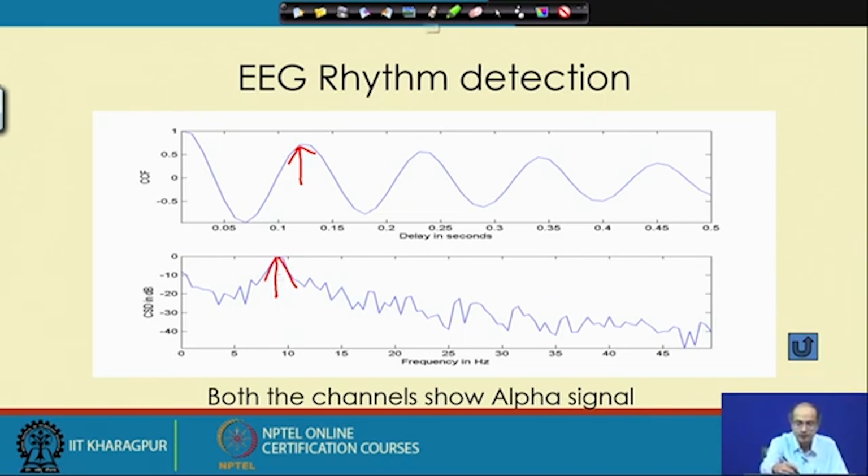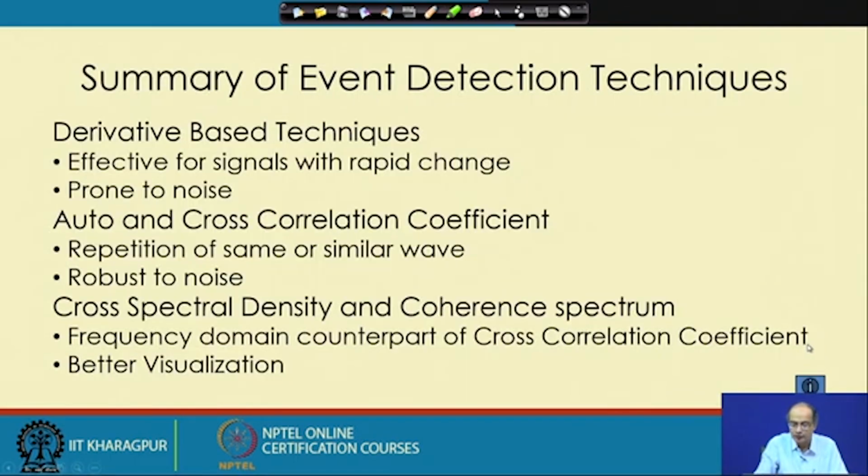Okay. So, we can get that easily, and the cross spectral density and our CCF give us the same amount of information, only the visualization is much easier when we go to the frequency domain.